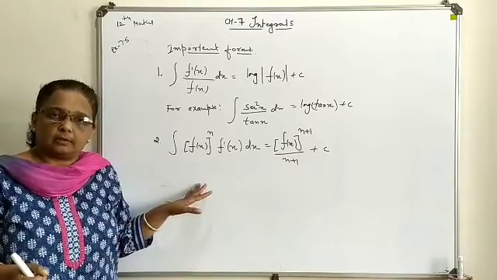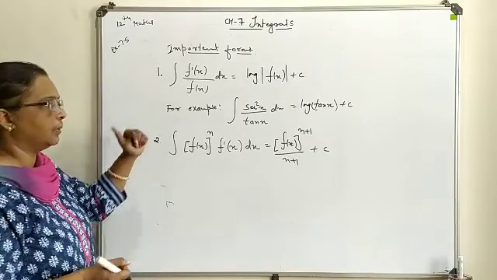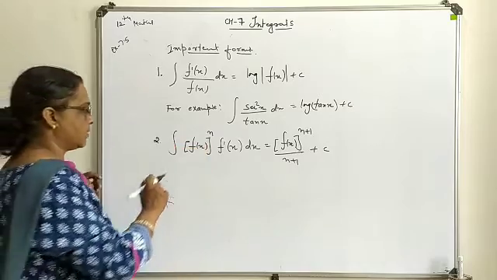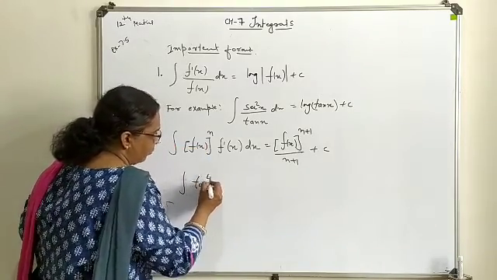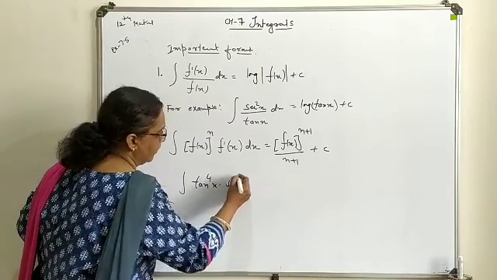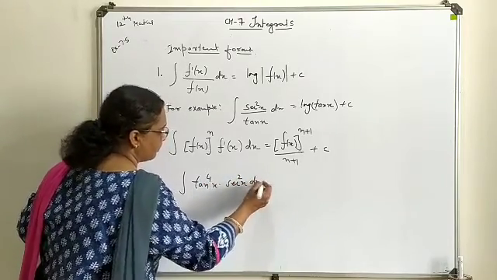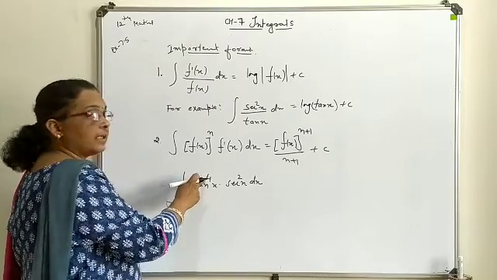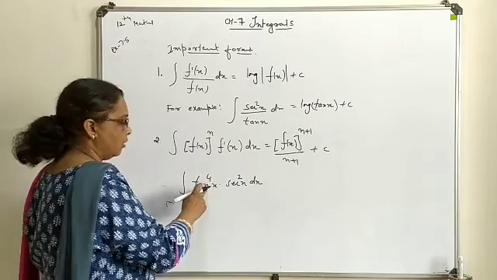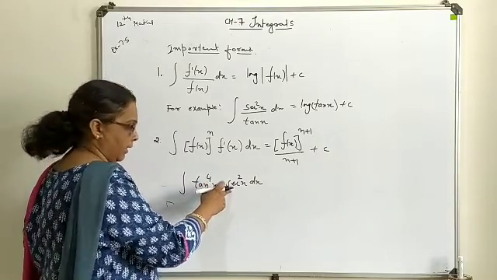Just for example, suppose we are having tan power 4 x, and as a multiple we are having sec square x. Here you can see your main function is tangent, which is having power 4, and the derivative of this tangent is sec square x.